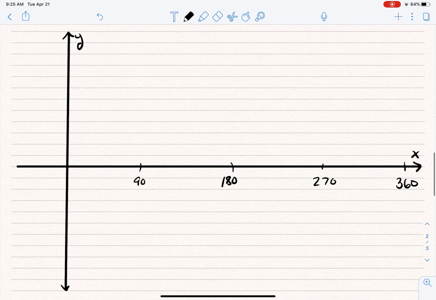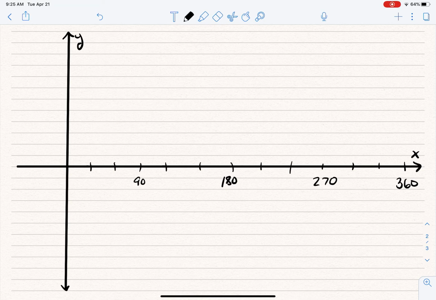Let's try that again. We want to do 30, 60, 90, 120, 150, 180, 210, 240, 270, 300, 330, 360.